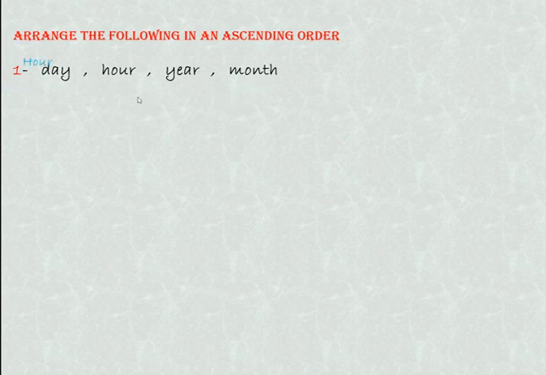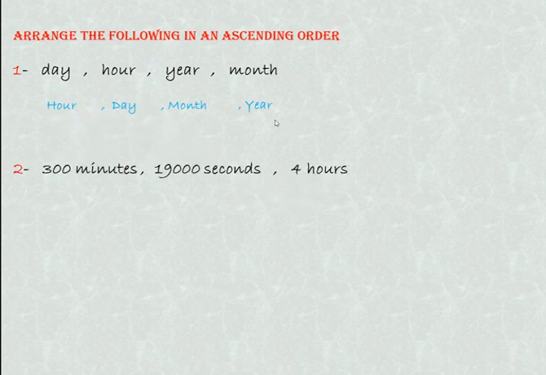Hour is smaller, then the day, then next will be months, and the last will be year. About question number 2, we have 300 minutes, 19,000 seconds and 4 hours.